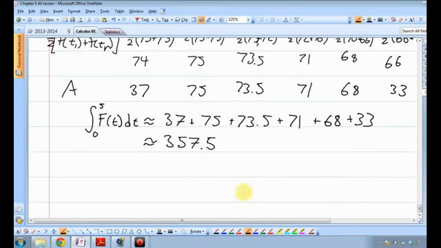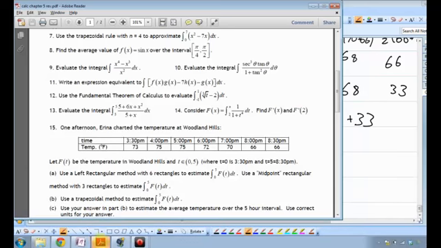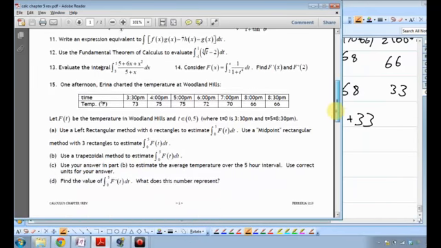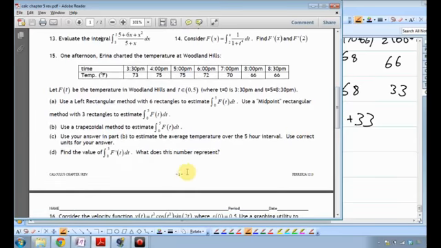Okay. Let's see, how far along are we here? Oh, very important, the average temperature.